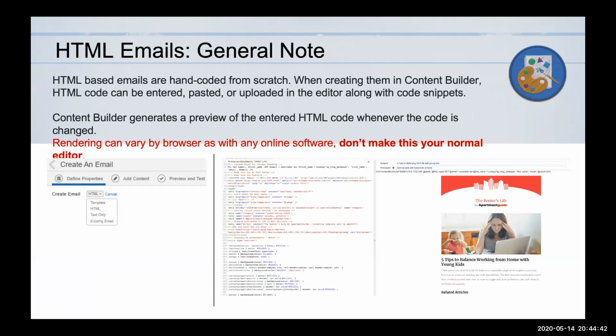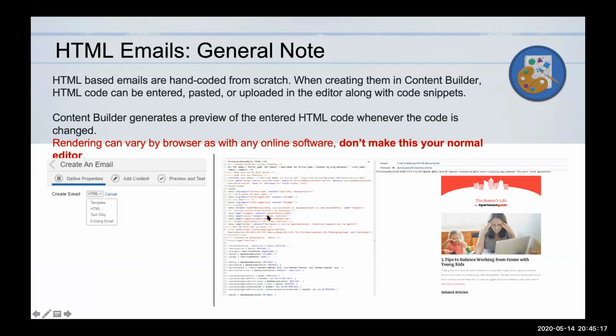Anyways, so HTML emails, kind of a general note. HTML-based emails are hand-coded from scratch. When creating them in Content Builder, HTML code can be entered, pasted, or uploaded into the editor along with code snippets. So if you're coding in, let's say, VS Code or Sublime Text, anything else like that, you can drop off the entire HTML over without even using this section.